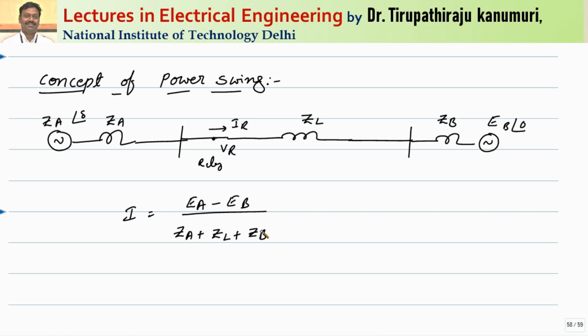Remember, all these things are vectors. So I can write this as EA minus EB divided by the total impedance, which I am representing by ZT. ZT is the sum of ZA plus ZB plus ZL. You agree with me?